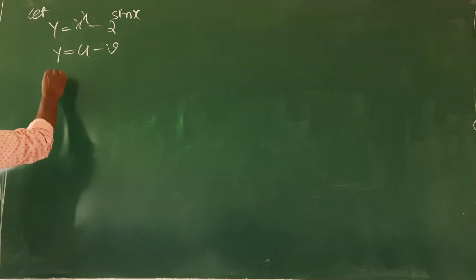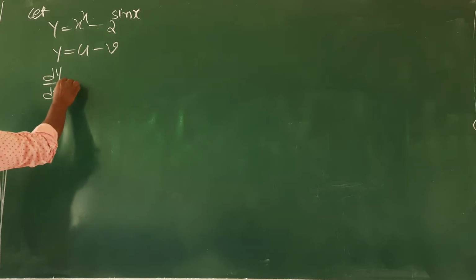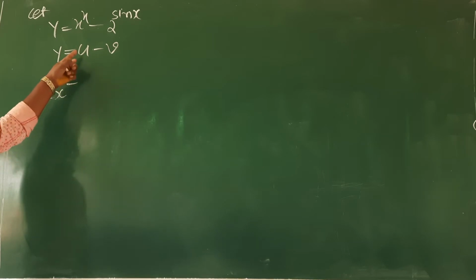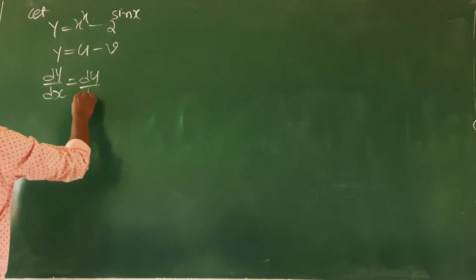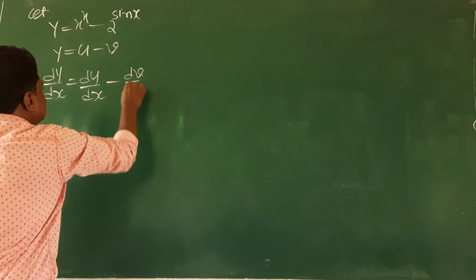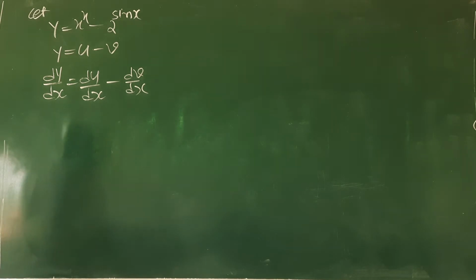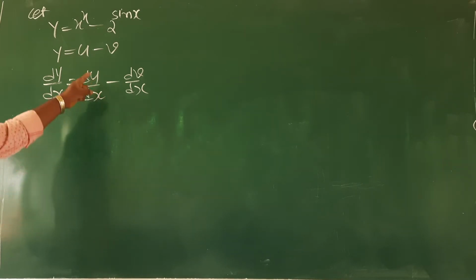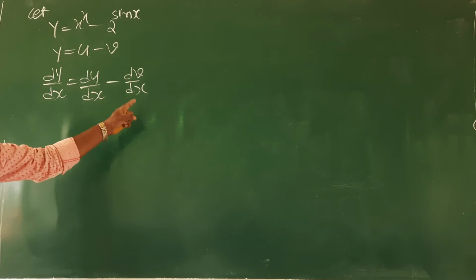So dy by dx is du by dx minus dv by dx. To get dy by dx, it is required to find du by dx and dv by dx.